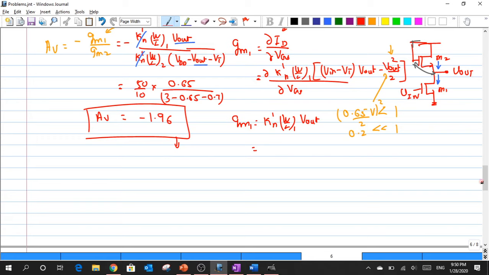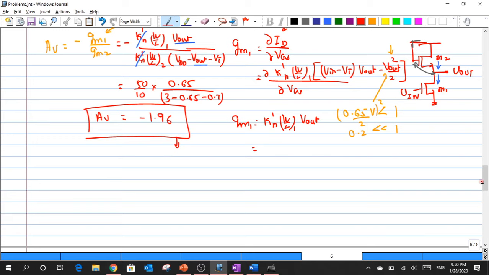So right now the transistor M2 is being replaced from an NMOS transistor to a PMOS transistor, and it has the following parameters defined for it. Kn dash is defined as 160 microamperes per volt square, and the threshold voltage of the NMOS transistor is 0.4. This is my Vt.